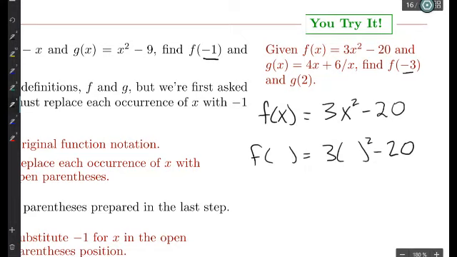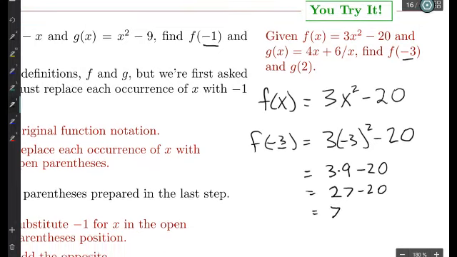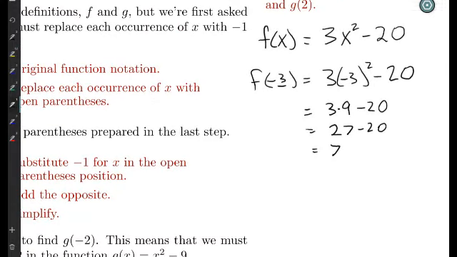Since we're evaluating negative 3, we plug negative 3 in here, and likewise in here. Negative 3 squared is positive 9, so 3 times 9 minus 20. Well, that's 27 minus 20. So 7. Thus, the function evaluated at negative 3 is equal to 7.